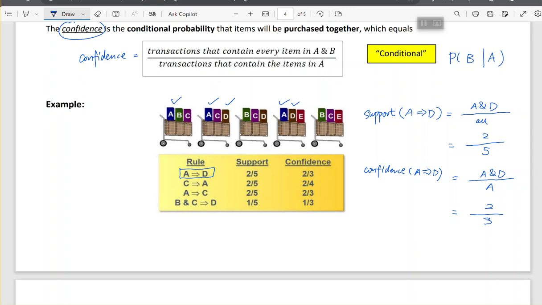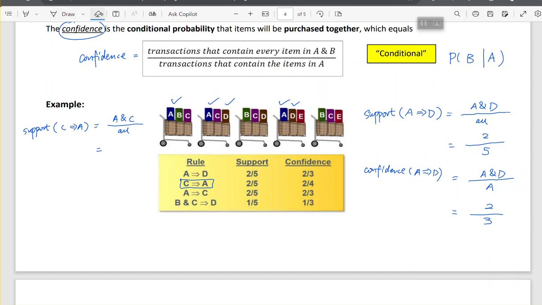Got it? All right, so let's do one more practice. What about this C implies A? Now we want to get the support of C implies A. By the formula, it is a joint probability, so that means out of all the transactions, how many of them contain both A and C, right?